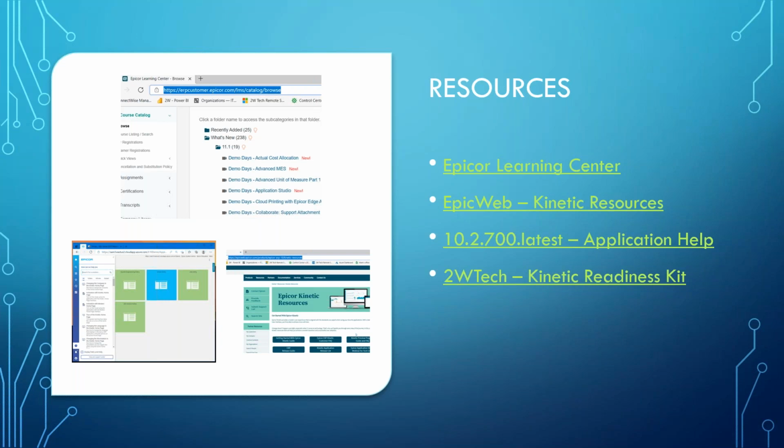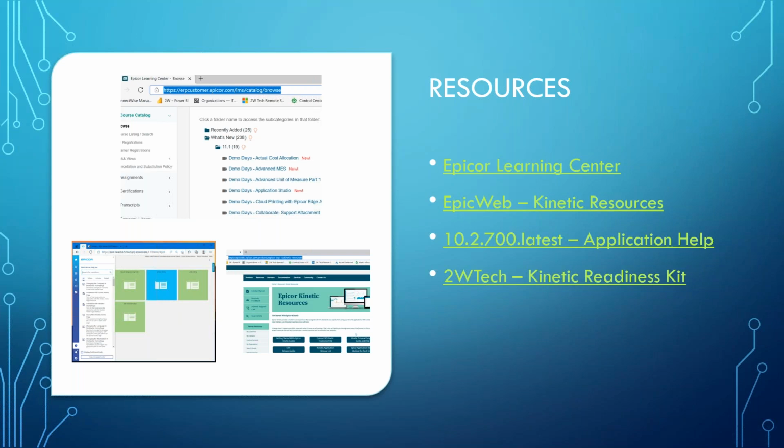And of course, if you have the opportunity, being on 10.2.700, especially for those of you that are on-premises customers, the 10.2.700 releases all contain updates to the application help, which includes quite a bit of supporting info and transition assistance info to assist you with beginning to get comfortable with the Kinetic UI.